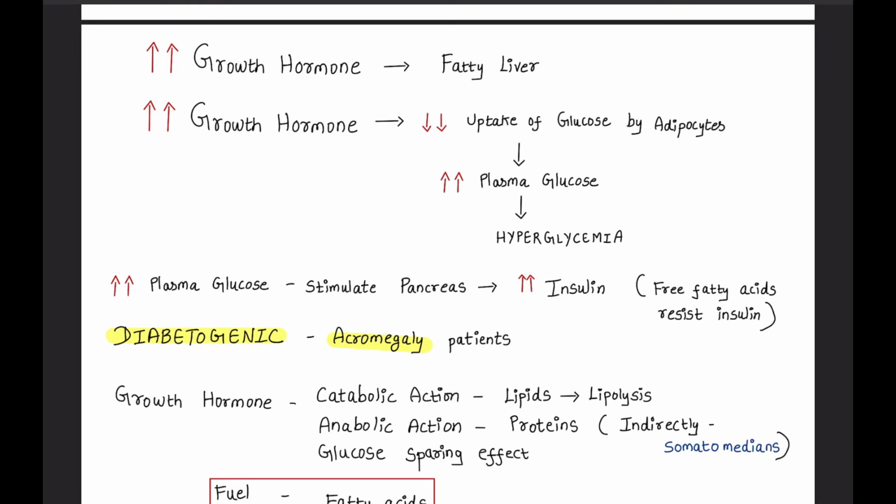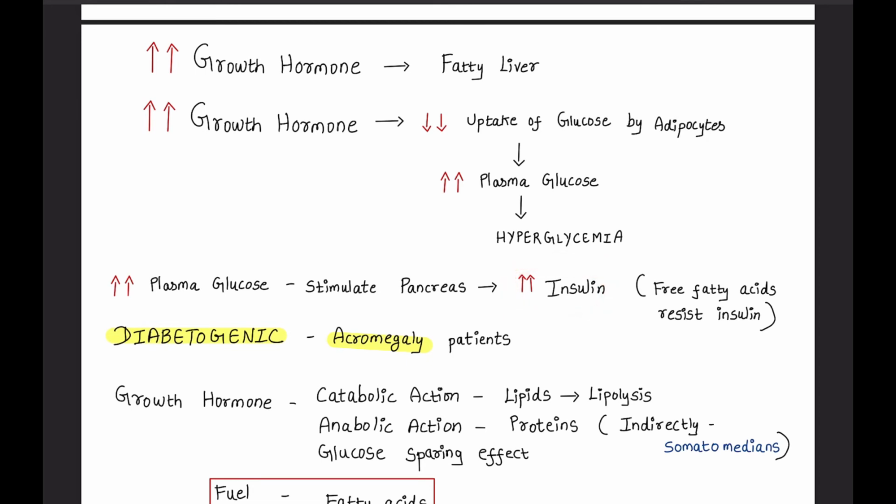Usually, in diabetic patients, they will have insulin injections. It is because insulin will make the uptake of glucose by the muscle tissue cell. Here, in this process, whenever there is an increase in growth hormone, there will be an increase in free fatty acids in the liver, and it will lead to hyperglycemia, and it will also lead to an increase in insulin.